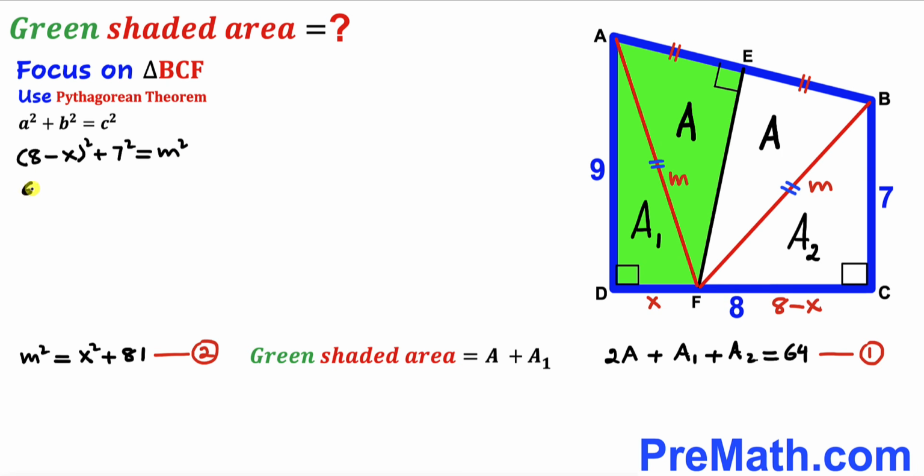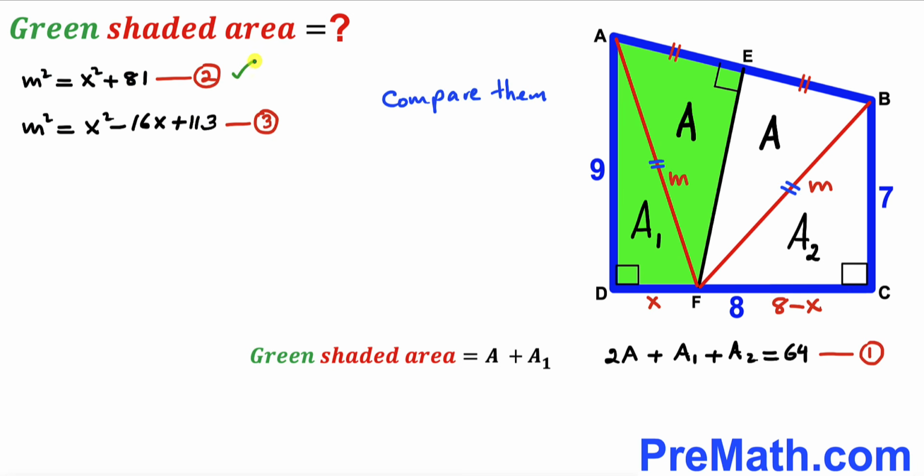That is going to give us 64 minus 16x plus x squared plus 49 equals m squared. Let's combine the like terms. So we are going to have m squared equal to x squared minus 16 times x plus 113. And I'm going to label this one as our equation number 3.